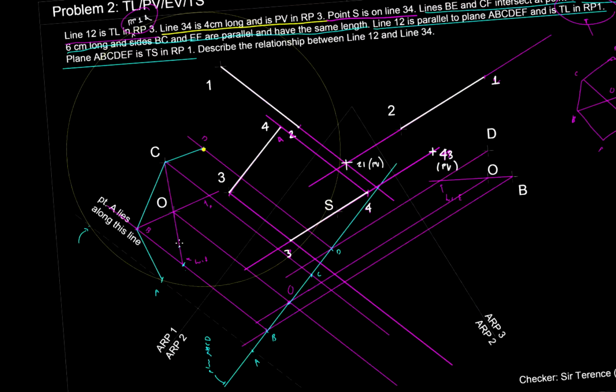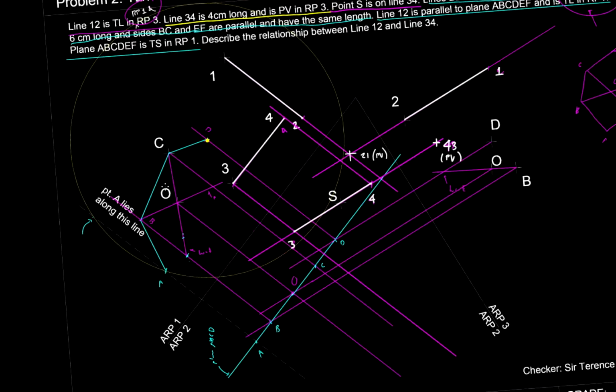Kung nandito si point F, measure. Okay. So, kasi nandito, if I were to create a parallel line, para itong line na to, and I want it to be the same length as this line right here, kasi dapat si BC tsaka si EF should be the same length. Dapat kasi same length sila.